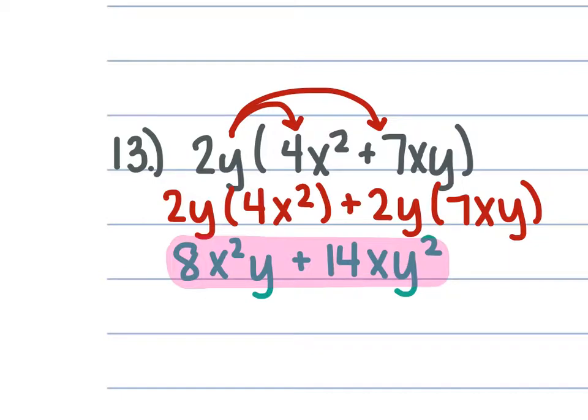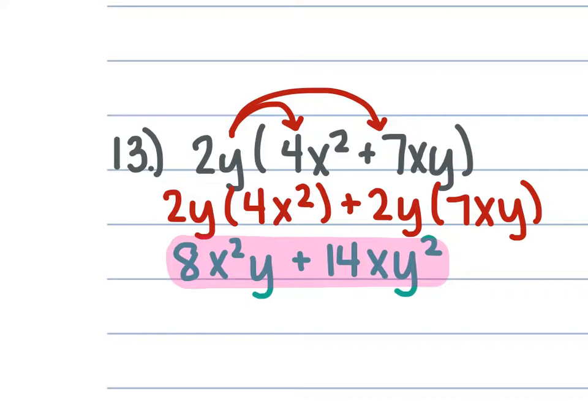Now remember that when you multiply two things, if they have the same base, like they're both x's, then I am going to add their exponents. In this case, I've got a 2y multiplied with a 4x squared. They are not the same bases, so that's why neither of the exponents changed. However, when I did 2y, the second part, plus 7xy, the 2 times the 7 became a 14. The x had nothing else to multiply with, so it's just an x.